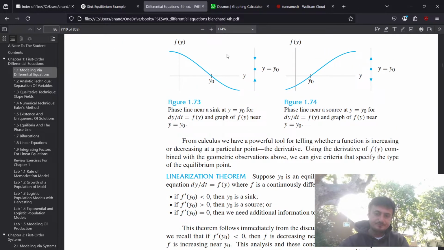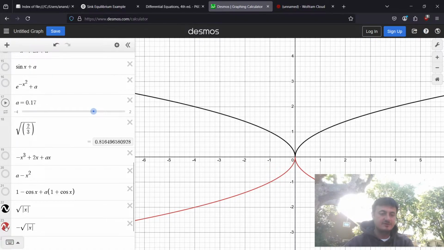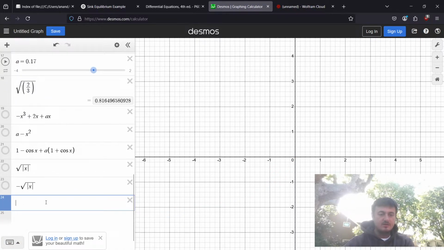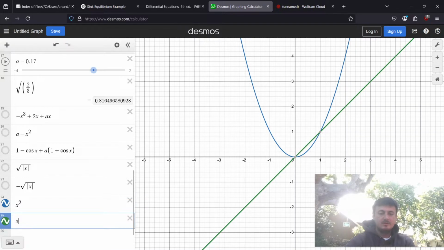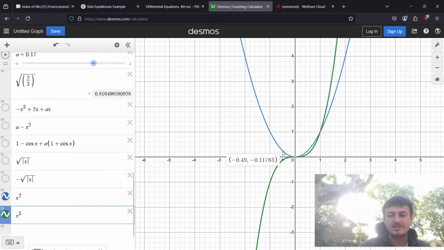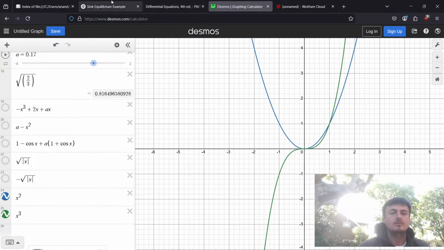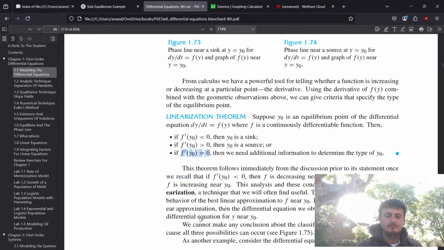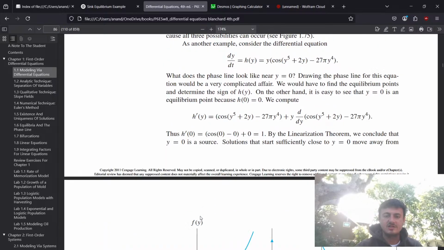And the reason why f prime equal to 0 tells us nothing is simply because if we look at the graphs of x squared and x cubed, they're both going to give 0 for f prime, but one is a node and the other one is a source. Okay, so that's what linearization is all about.